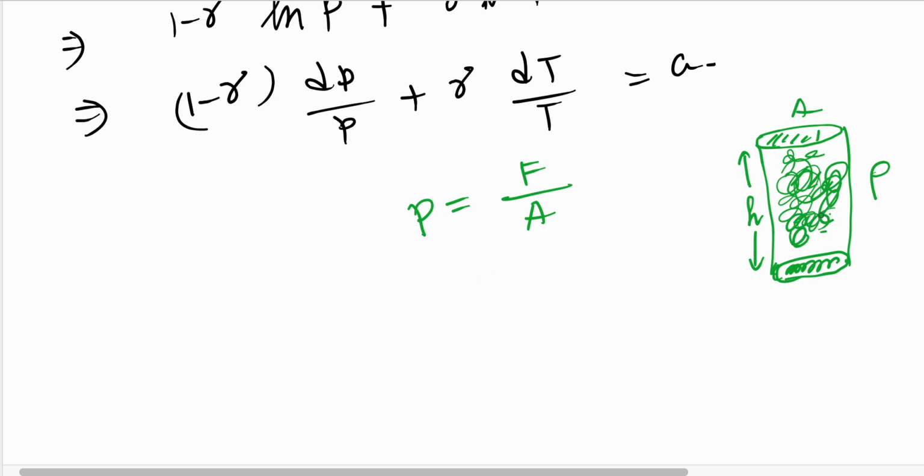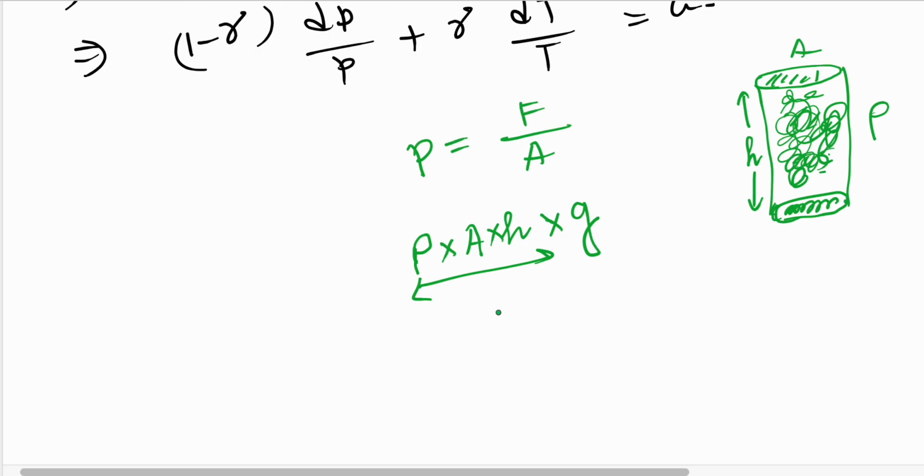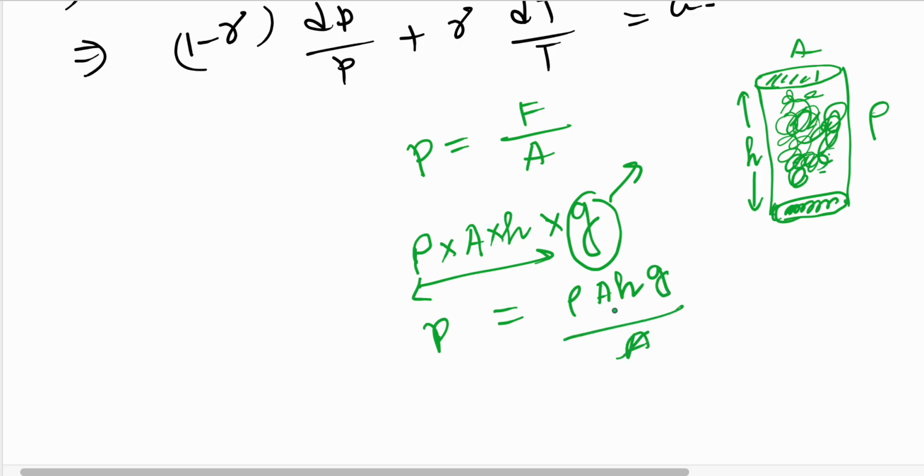The mass will be density into volume, and the volume is area into h, and the weight will be that multiplied by g. Of course, here we assume that g is uniform throughout this height. So we can write P equals F by A, which is rho A h g by A, equal to rho h g.